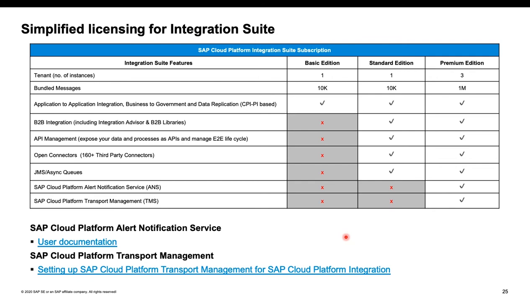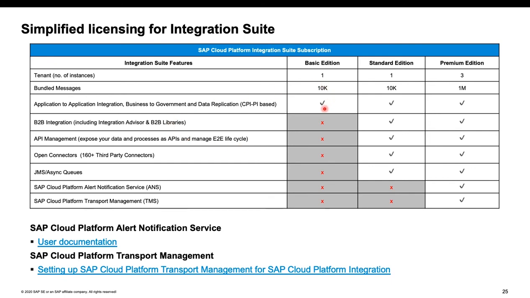So there is a harmonized integration suite license model available via different editions, basic edition, standard edition, premium edition, and also available via the cloud platform enterprise agreement for consumption-based usage of the different services of the integration suite.